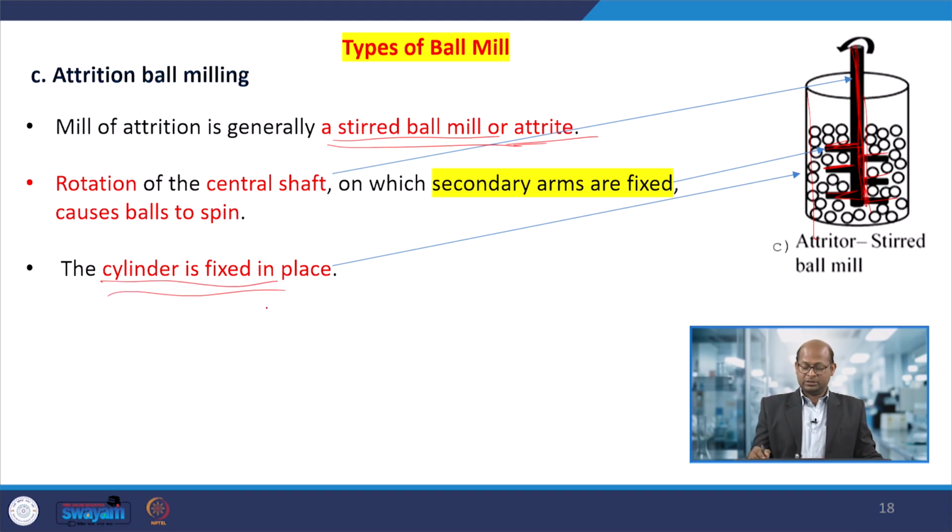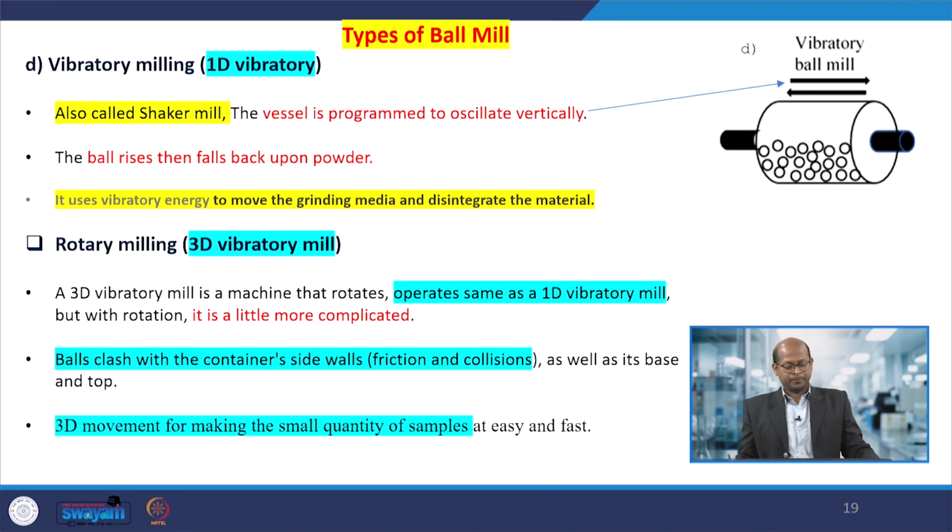In this case the outer cylinder remains fixed and does not rotate. In planetary ball mills or tumbler types the cylinders or bowls rotate, but here it is fixed.